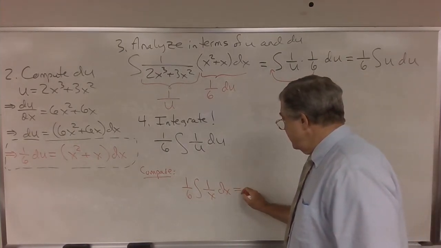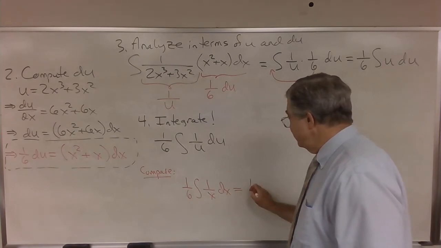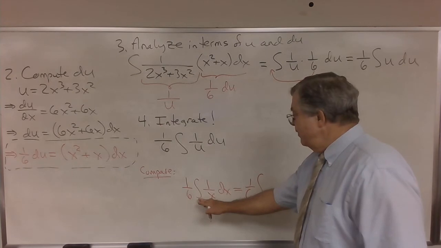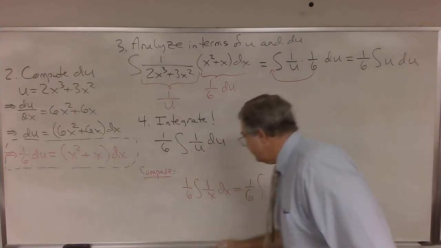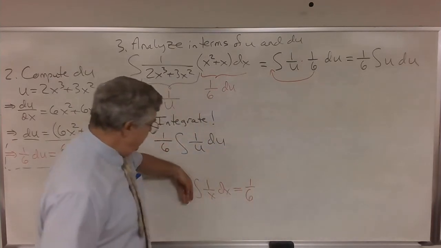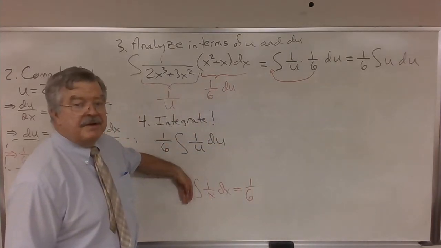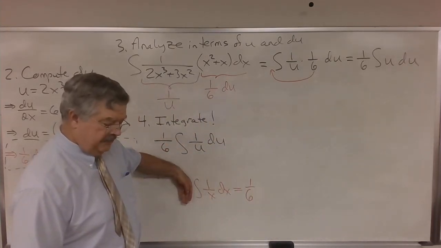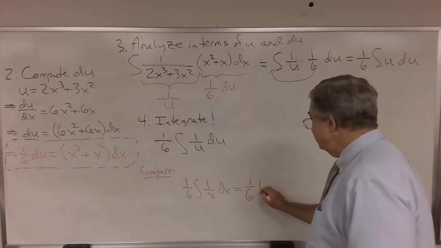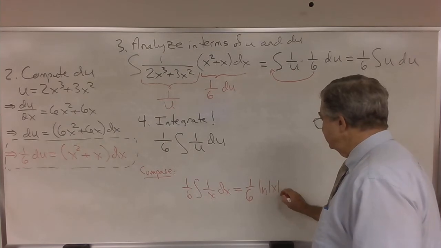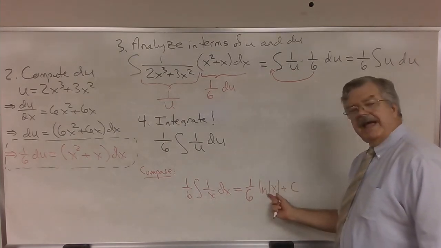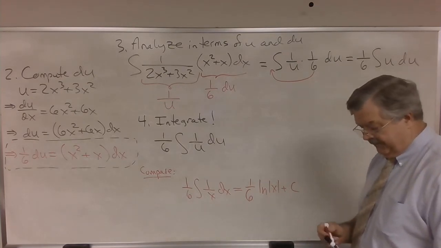We have a constant times an integral. So we write the constant down, and then we're going to compute the antiderivative of 1 over x dx. And that is the natural log of the absolute value of x plus c.